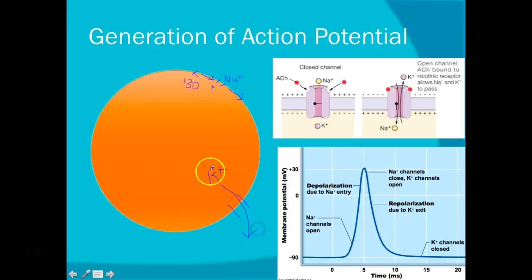When we get this potassium moving out of the cell, that's causing the cell to become more negative, and we move back down to our resting membrane potential, which is negative 90 millivolts. And at that point, potassium voltage gated channels are going to close.